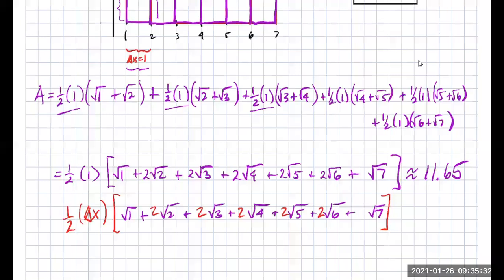That's a pattern that always occurs, gang, when you use this trapezoid rule. That's what this is called, the trapezoid method or the trapezoid rule.